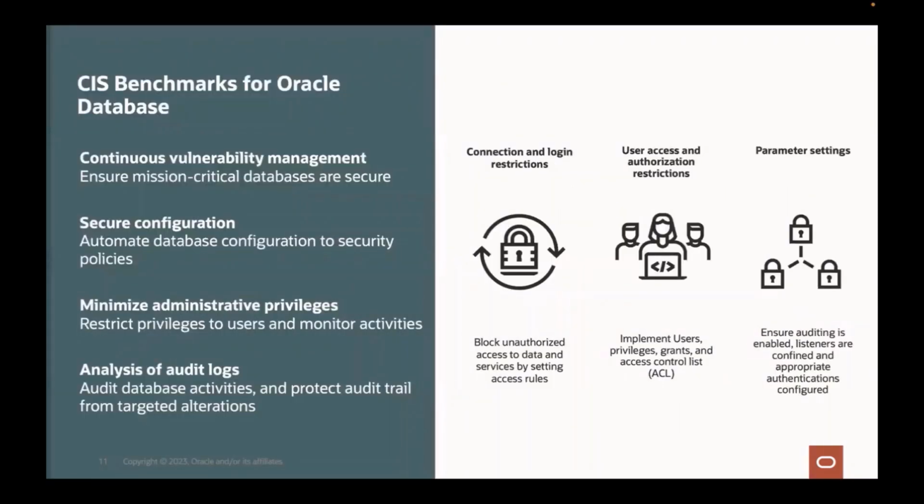For example, let me walk you through CIS benchmark. The CIS benchmark provides comprehensive configuration coverage for Oracle database. It covers Oracle database installation and patching requirements, parameter settings, database connection and login restrictions, user access and authorization restrictions, and audit policies and procedures.